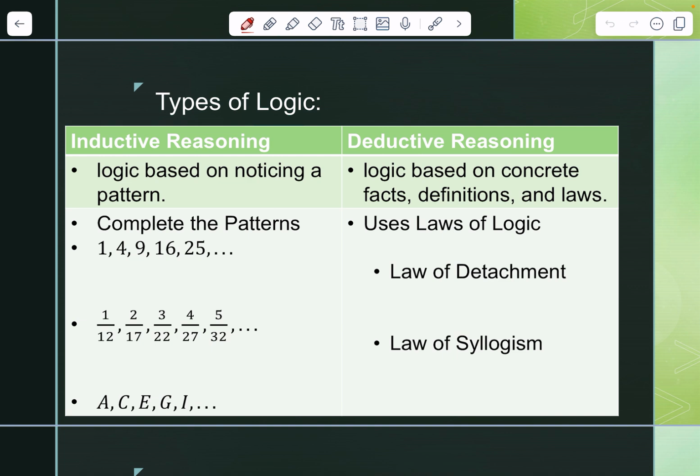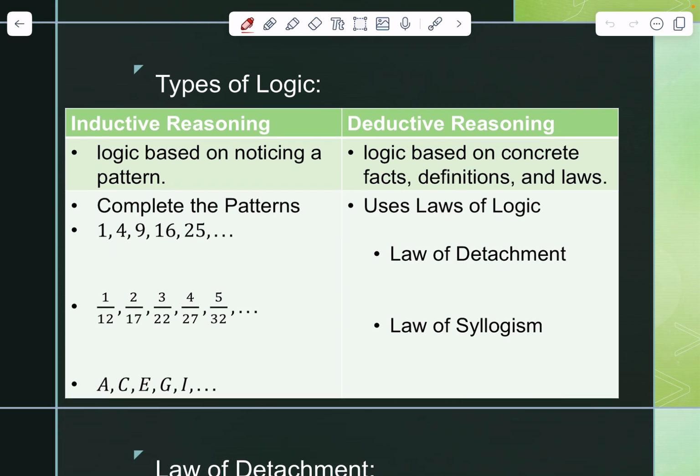So let's take a look at a couple examples of inductive reasoning. Complete the pattern. We look and we say 1, 4, 9, 16, 25. We start looking at that logically and try to figure out what these numbers are. Is there a common difference between them? What's going on with that?